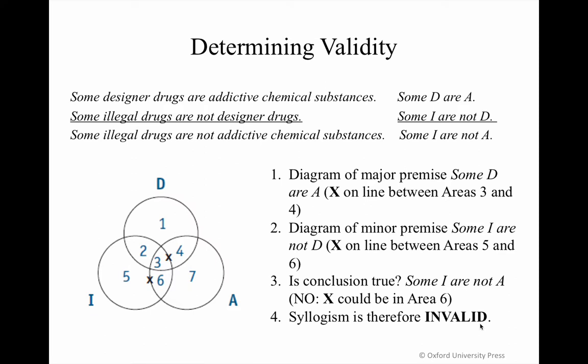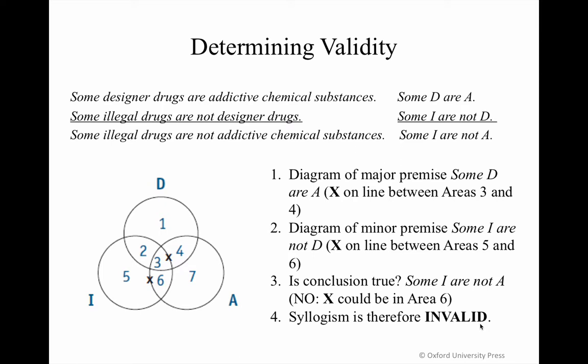All right, let's try out our technique. Take a look at the top italicized argument in its original standard form and then abstracted to show its structure a little more clearly. The premises are: some designer drugs are addictive chemical substances, some illegal drugs are not designer drugs, so some illegal drugs are not addictive chemical substances.